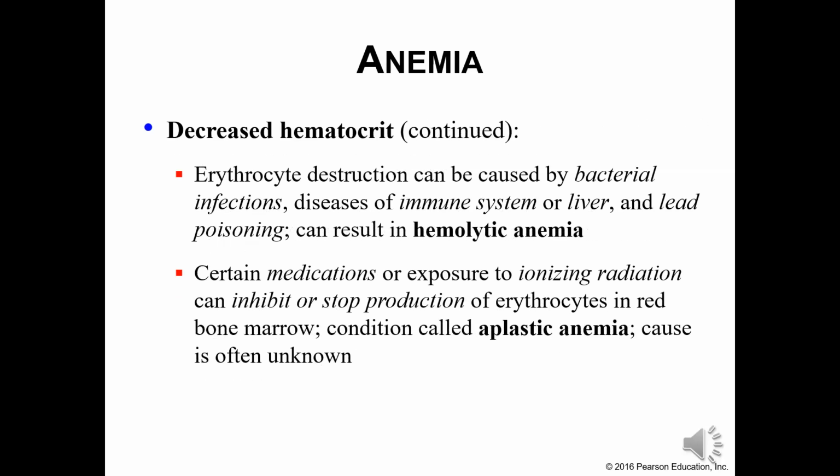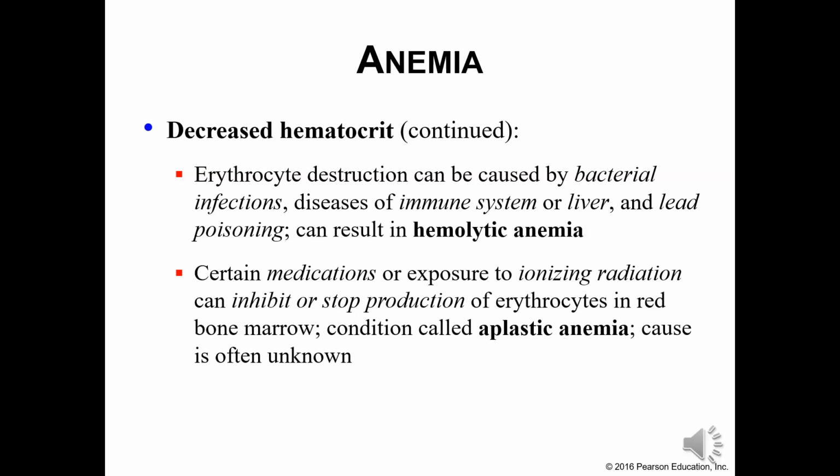Erythrocyte destruction can also be caused by bacterial infections, disease of the immune system or the liver, and also lead poisoning. Those all can result in hemolytic anemia, and you can usually get evidence of this when you get a urinalysis and a complete blood count.